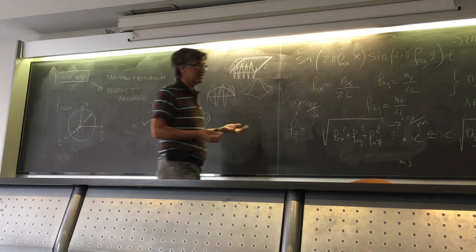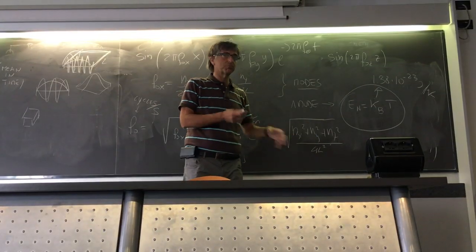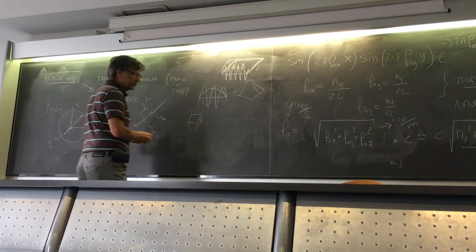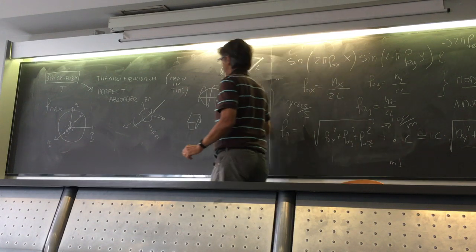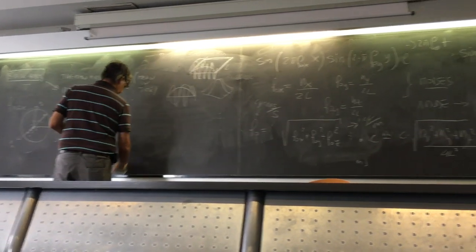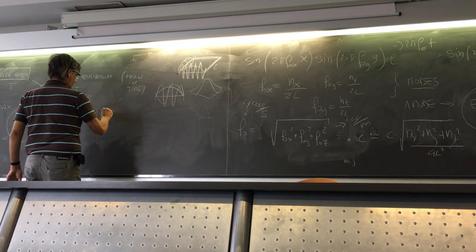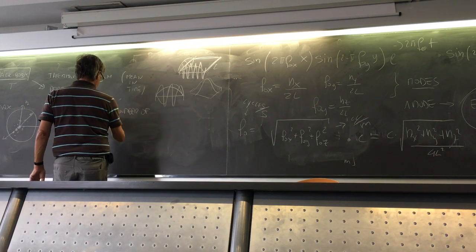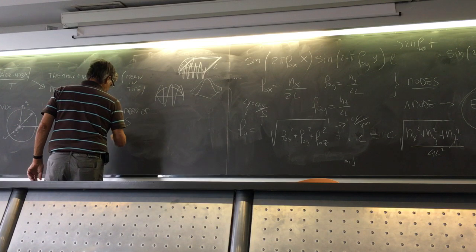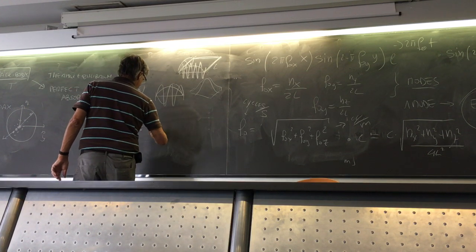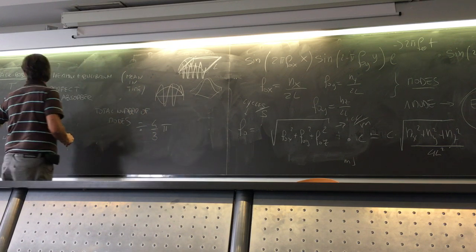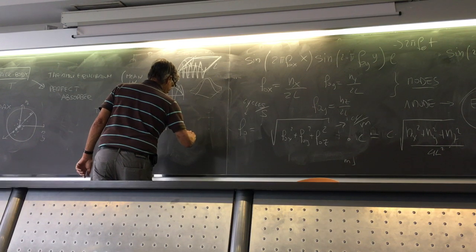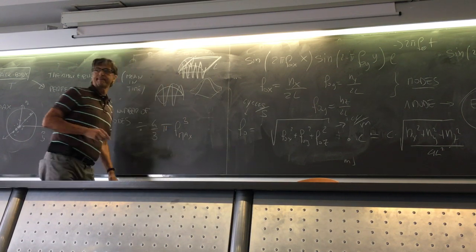It's interesting to see that the number of integer points that you have in the sphere is proportional to the volume of the sphere. Okay? So the total number of modes is proportional to 4/3 pi and the radius of the sphere, so F max cubed.